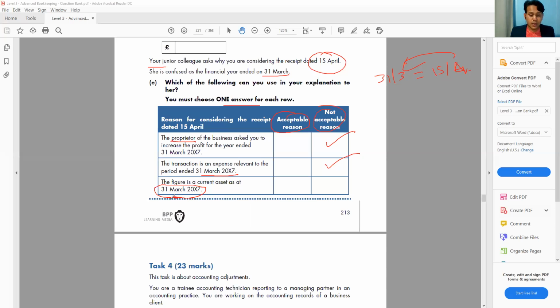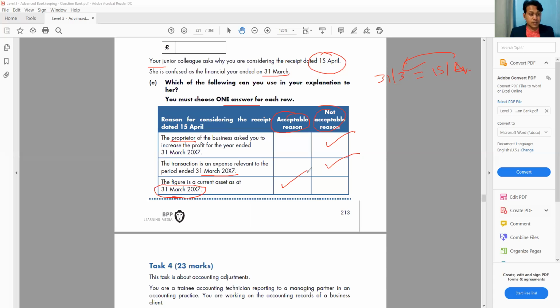When you make a credit sale, we tell the customer you are my sales ledger control because you need to pay some money to me, so you are my asset. Exactly like here. When I have already earned the income and didn't receive it, this is my current asset because I'm going to get some money from this customer.